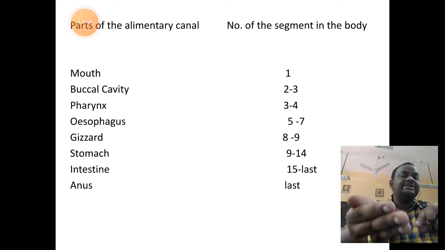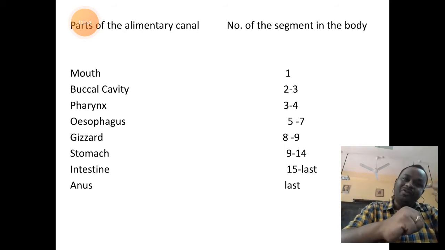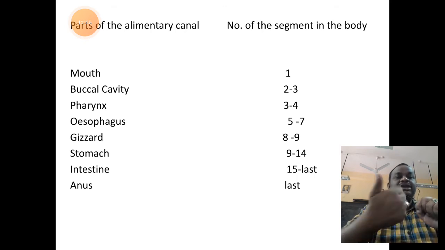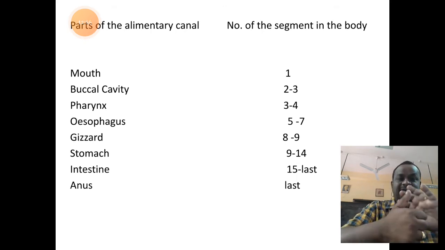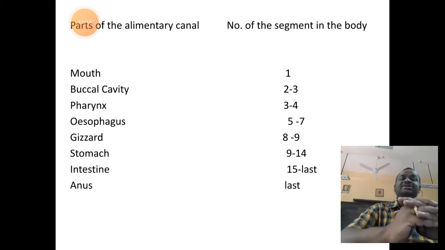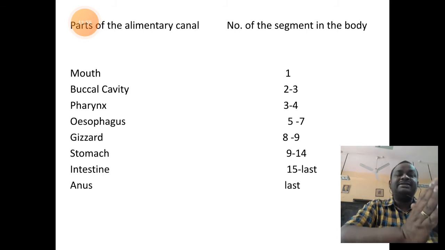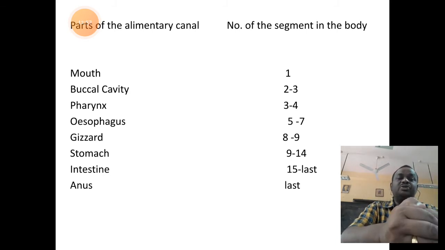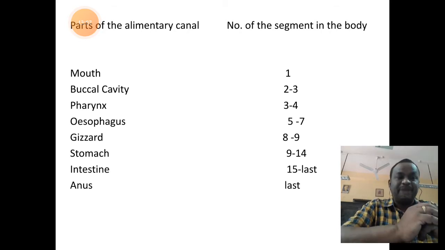The third part is the pharynx, which shares the third and fourth segments. The esophagus is from fifth to seventh. There is one part called the gizzard, which is present between the 8th and 9th segments. The stomach extends from the 9th segment to the 14th segment. The intestine starts from the 15th segment to the last but one segment, and the last part of the digestive canal is the anus, present in the last segment.